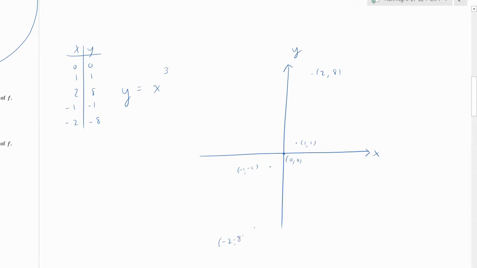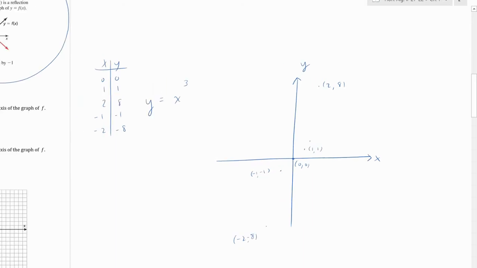Oh, negative 8. If I kept going to the right, 3 cubed is 27, 4 cubed is 64, that thing is skyrocketing over this way. Okay, so there's an x cubed graph. A lot of people call it an S-curve based on how it looks.